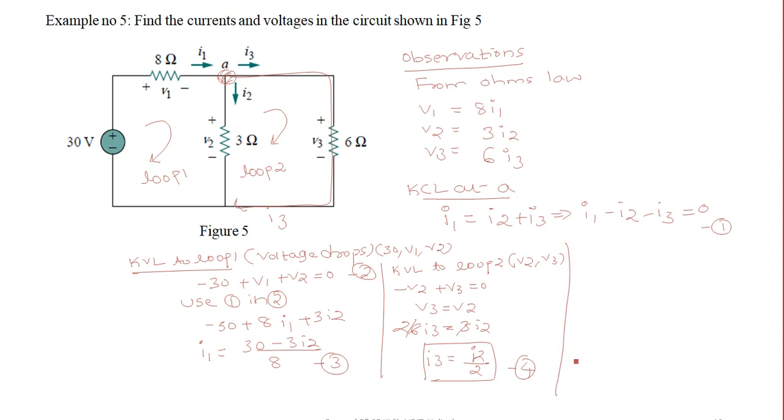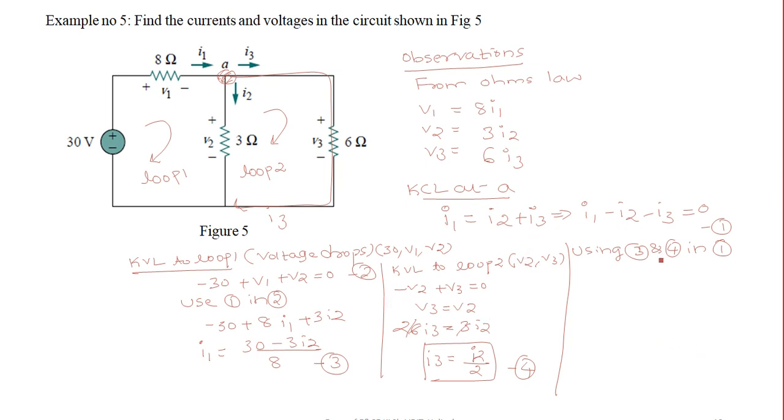Now using 3 and 4 in 1, I can get I1 from the third equation and I3 from the fourth equation, so I will be able to calculate the values of I2, I3 and I1.